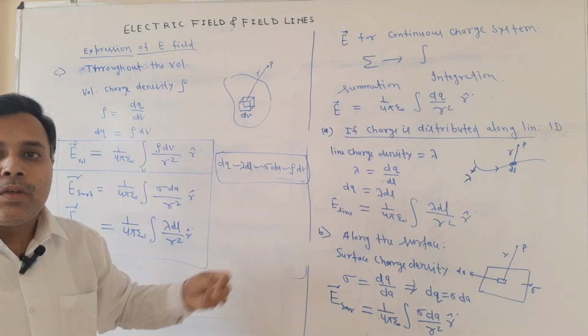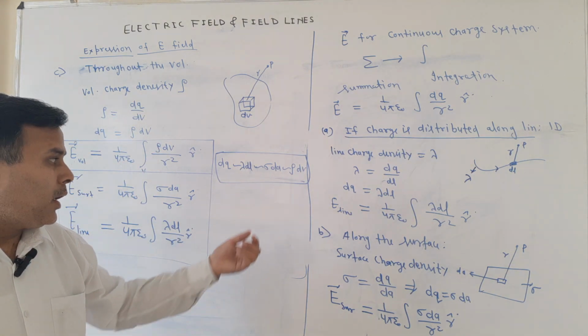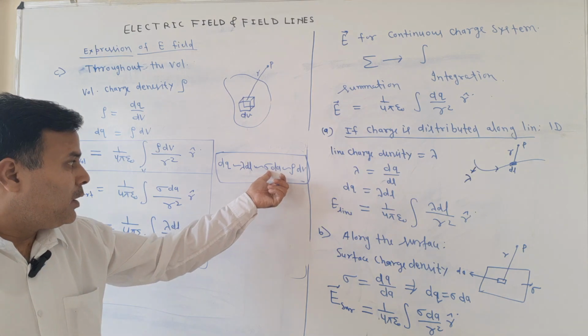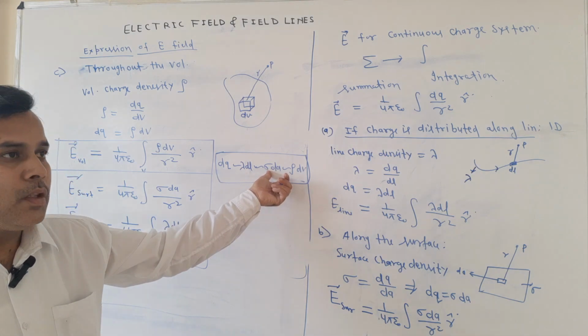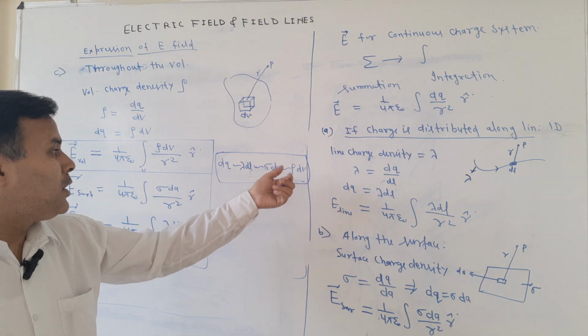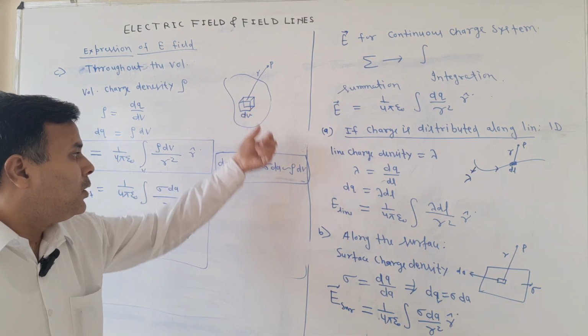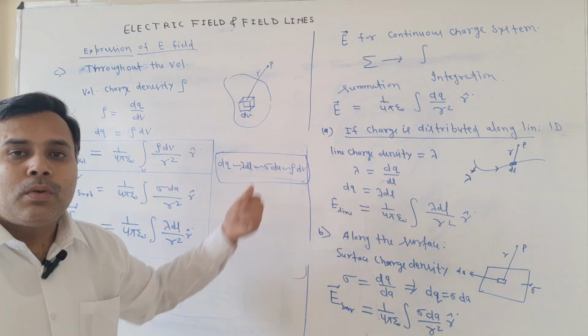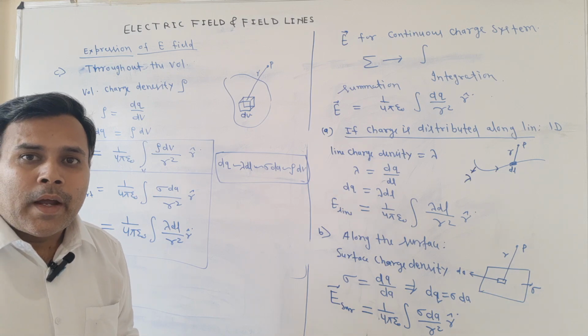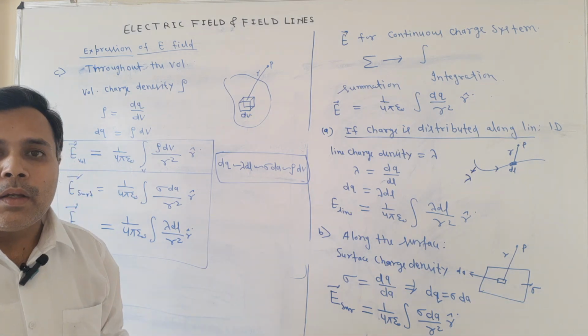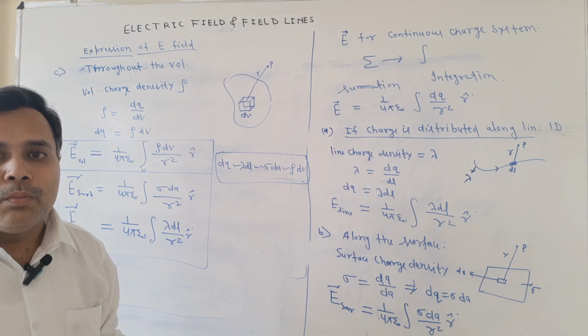If the charge is distributed throughout a surface, then dq is sigma dA, where sigma is the surface charge density, which is charge per unit area. If the charge is distributed along the volume, then dq is rho dV, where rho is the volume charge density, which is dq by dV, charge per unit volume.